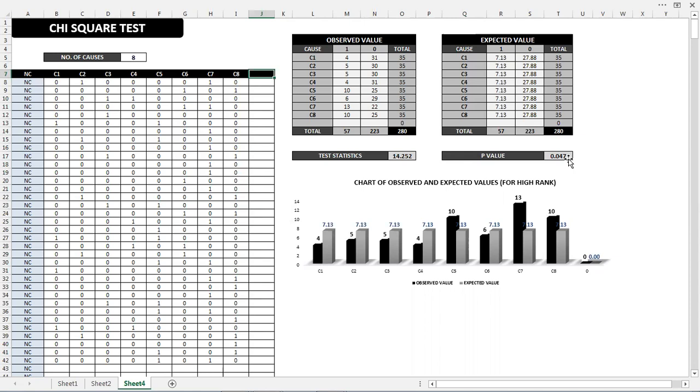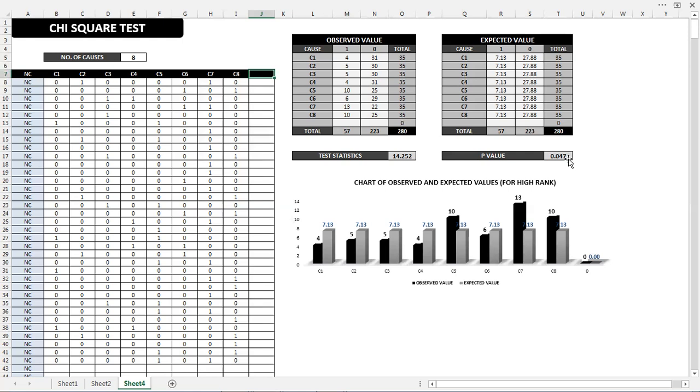In other words, accept the alternative hypothesis, which means that one or few of the critical causes from the CI matrix are statistically significant causes, or they do have a statistically significant impact upon Y, right? So this has been proven that one or few of the critical causes from the CI matrix do have a statistically significant impact on Y. But which are those causes?